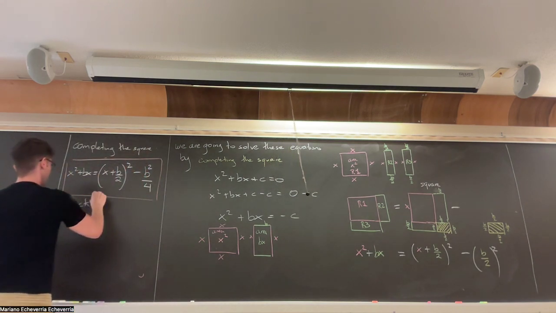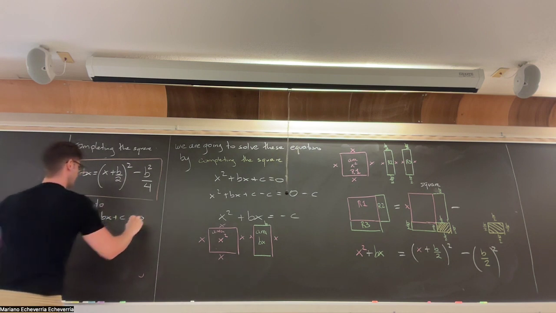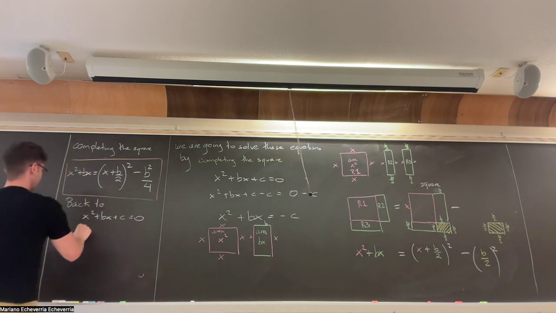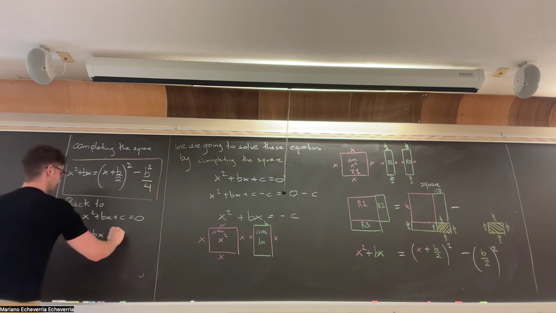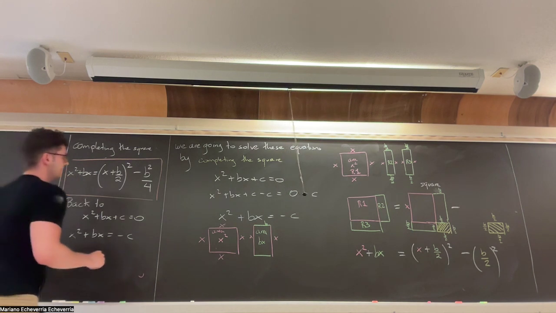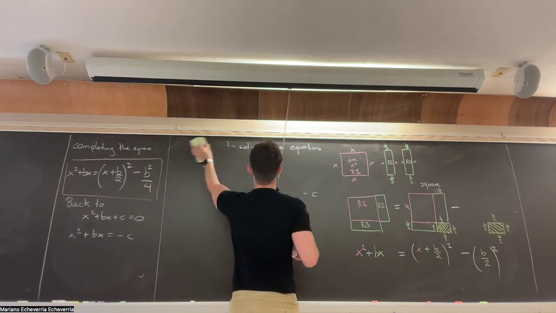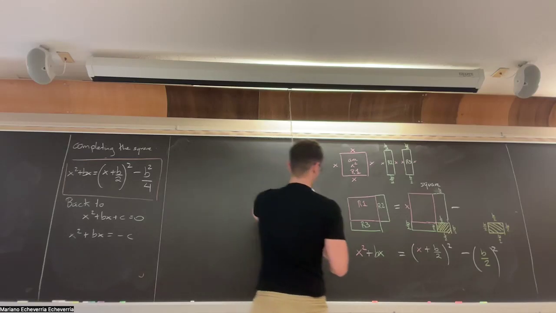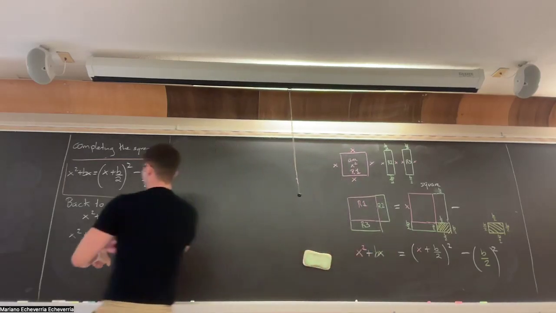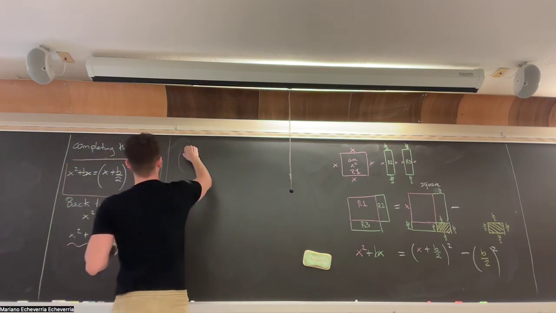So back to x squared plus bx plus c equals 0. What I said is that you could rewrite it as x squared plus bx equals negative c. And then because of completing the square, because of this magic formula, what is x squared plus bx? x squared plus bx is this.